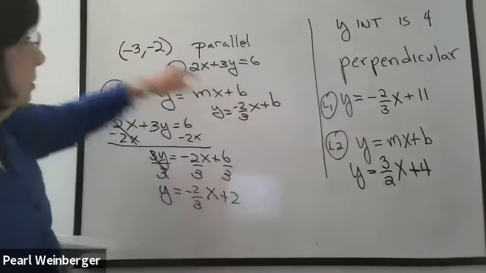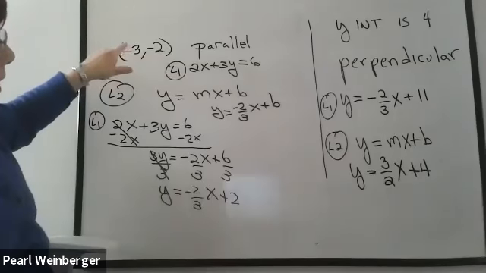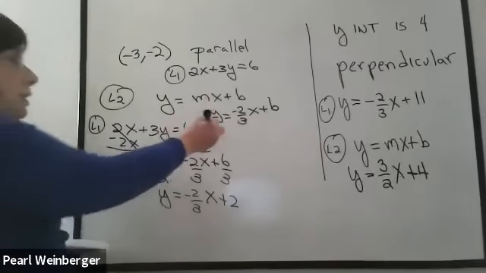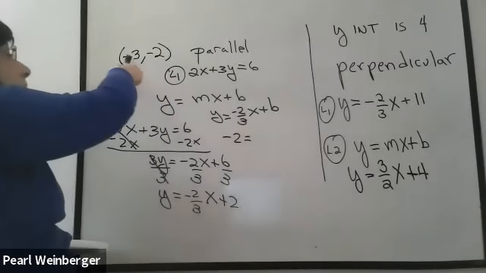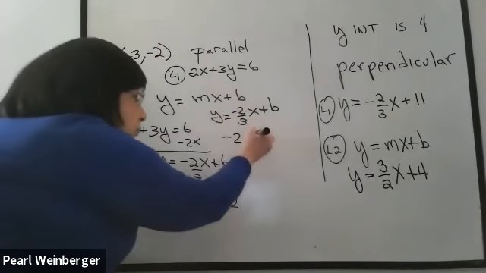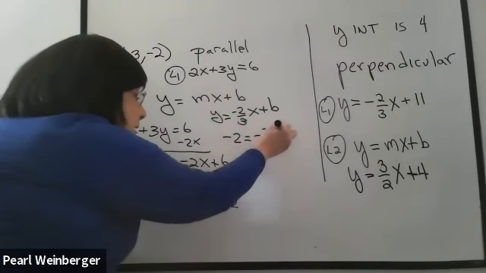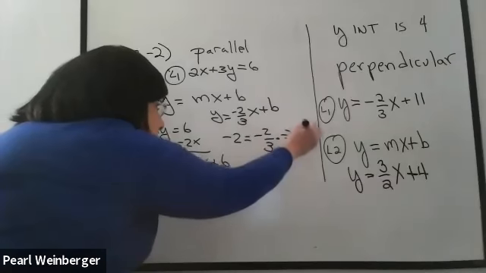But we want the line that goes through negative 3, negative 2, which means that wherever I have a y, I'm going to put negative 2, and wherever I have an x, I'm going to put negative 3. So I have negative 2 over 3 times negative 3 plus b.